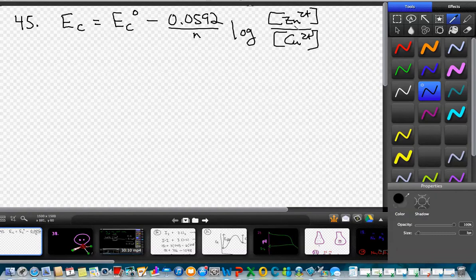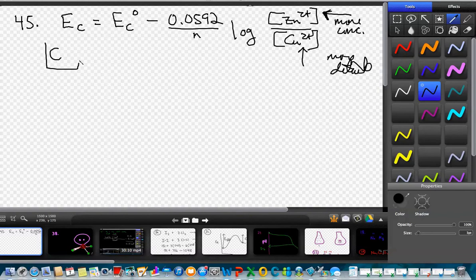If this goes down, either the zinc is more concentrated, which makes this larger, or the copper is more dilute. One of the two. And if you look at choice C, you get the first option, more concentrated. So this log is a larger number. You're subtracting a larger number from 1.10, which means E cell is going to go down. Answer choice C is the credited response.